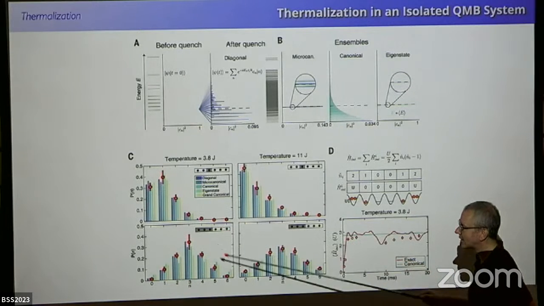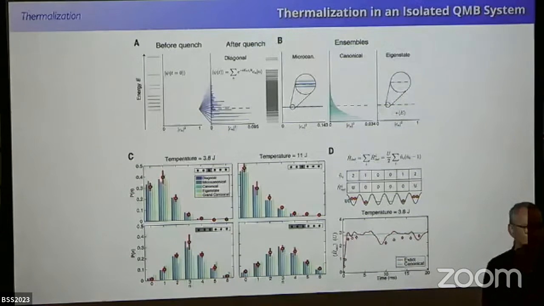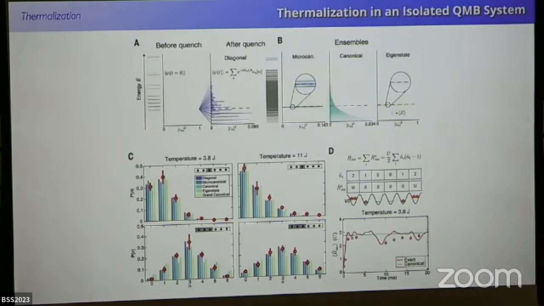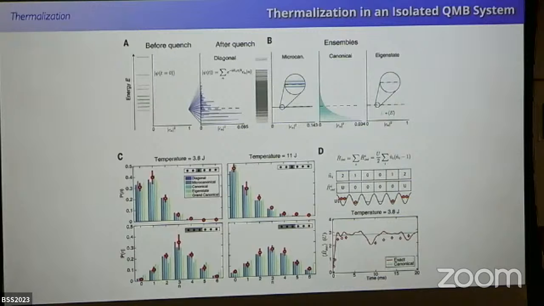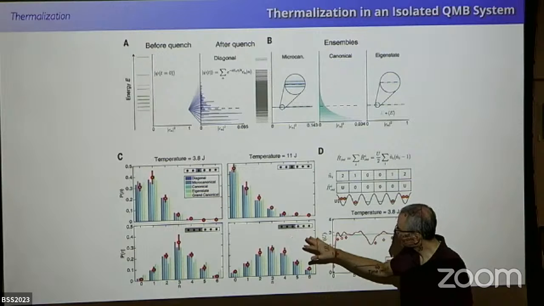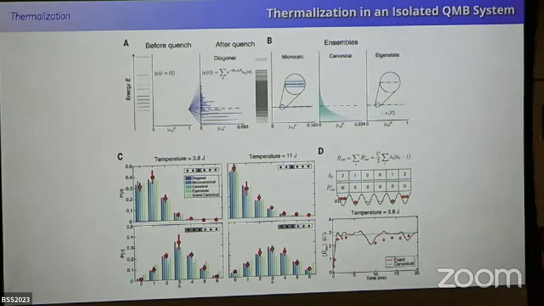You see they're more or less all the same, but they very nicely capture what you measure in the experiment. So the experiment looks locally, as we promised, like a thermal ensemble in all the quantities we measure, but globally it's still in a pure state. Okay, and that's a very nice way of showing this thermalization. We'll come back with slightly larger systems, but the general concept, of course, also works for larger systems.